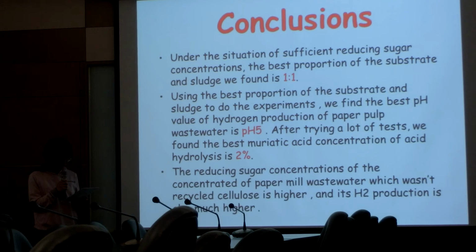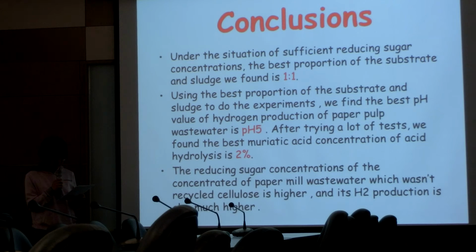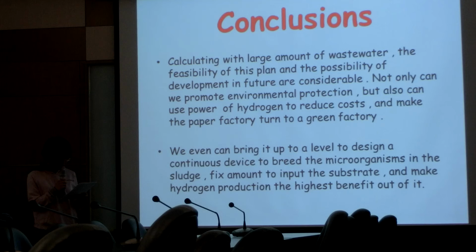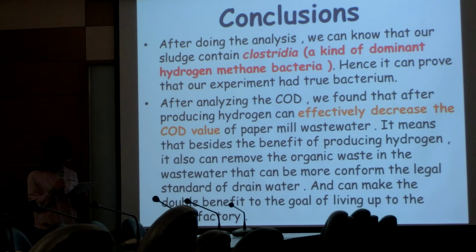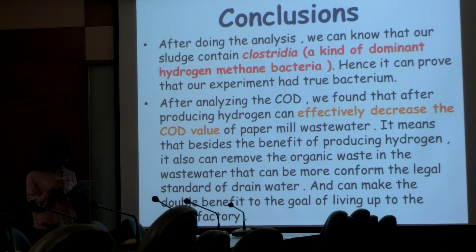After doing the analysis, we know that our sludge contains Clostridia, a kind of dominant hydrogen-producing bacteria. Hence, it proves that our experiment had true bacteria. After analyzing the COD, we found that producing hydrogen can effectively decrease the COD value of paper mill wastewater.